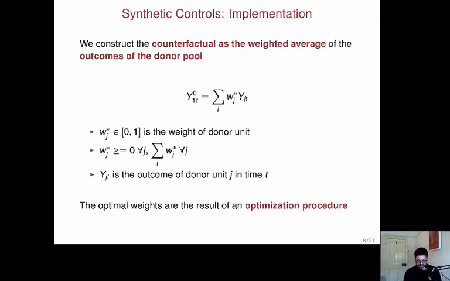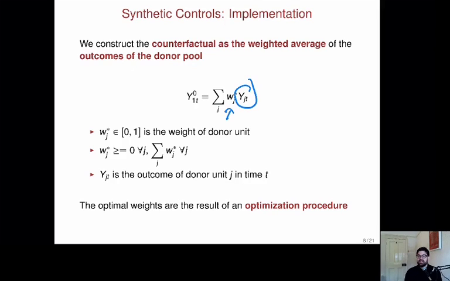Now this counterfactual, as I mentioned, is a weighted average. So you have here the actual outcomes of each unit in the donor pool, and then each unit gets a weight W star.